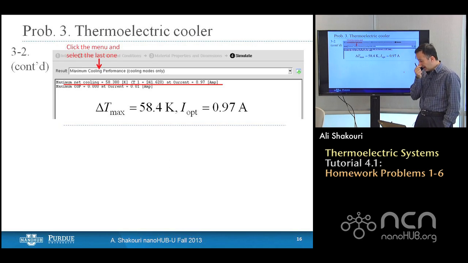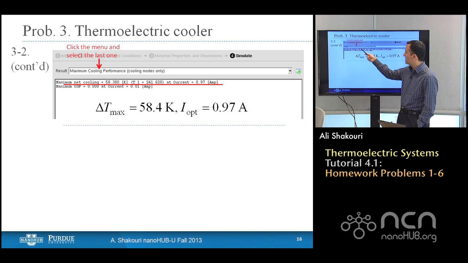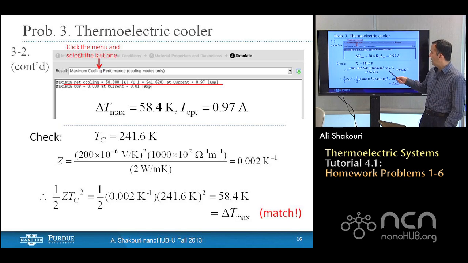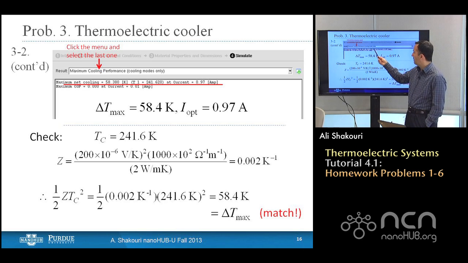You can exactly calculate what the delta T max from the output of the device is: 58.4, the optimum current is 0.97 amps, and you can check if these numbers that the simulator gives you are accurate. So let's check it. If I put this number of cooling, the temperature on the cold side is 241.6.